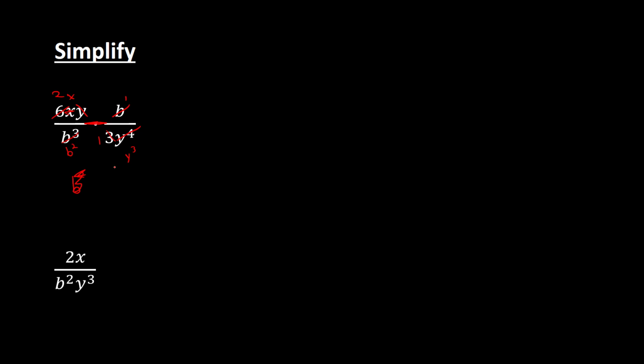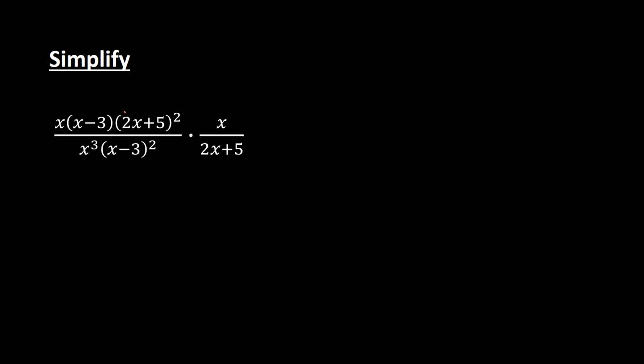Now this works, remember, only if everything is being multiplied and divided together. So we have 6 times x times y divided by b to the third times b divided by 3y to the fourth. Everything is being multiplied and divided. So there's times when it might not be like that. This next example, it is still being multiplied and divided.